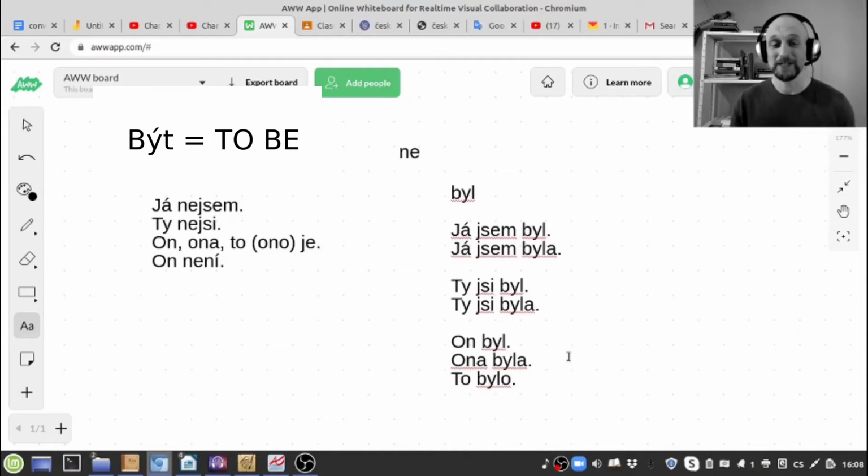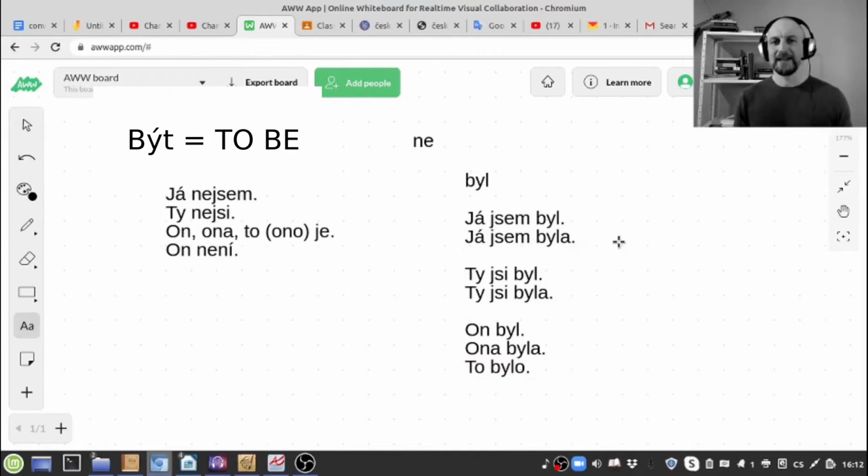Okay, here we go. So this is a little bit different from, for example, Russian, because in Russian the past tense of to be doesn't include the present forms. So in Russian you would say just я был or она была, and that would make it a little bit easier. But in Czech you have to add it there.